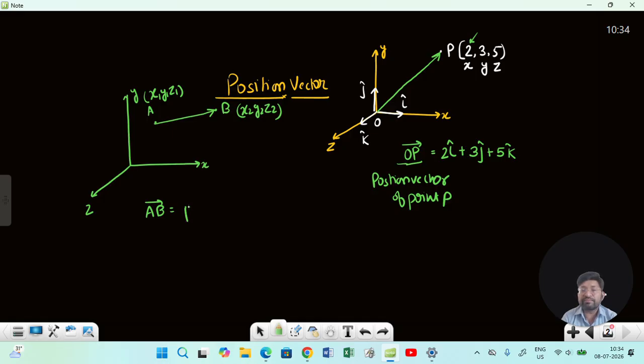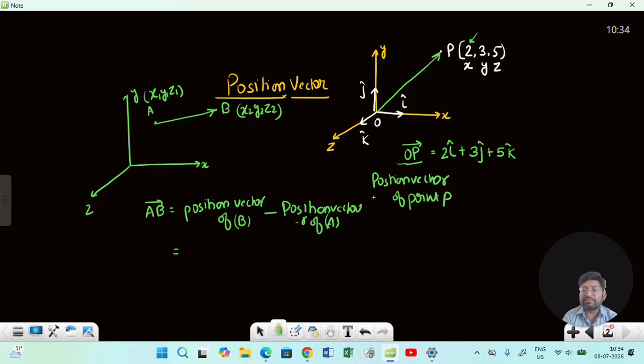So we will write it as the position vector of point B minus the position vector of point A. What will be the position vector of point B?